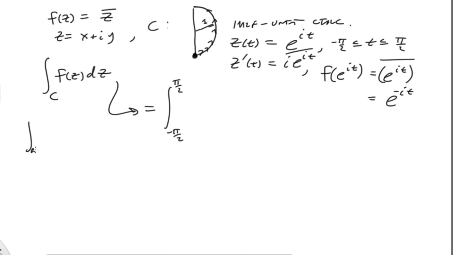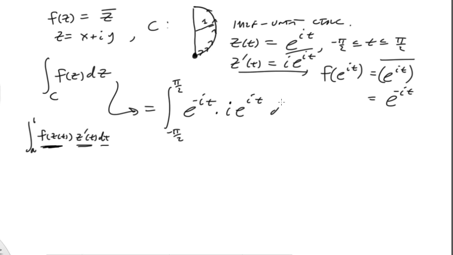Again, the formula is the integral from a to b of f of z of t, z prime of t dt. So we put this in its place. This will be e to the negative i t, and the next part, z prime, is i e to the i t, and then finally dt.